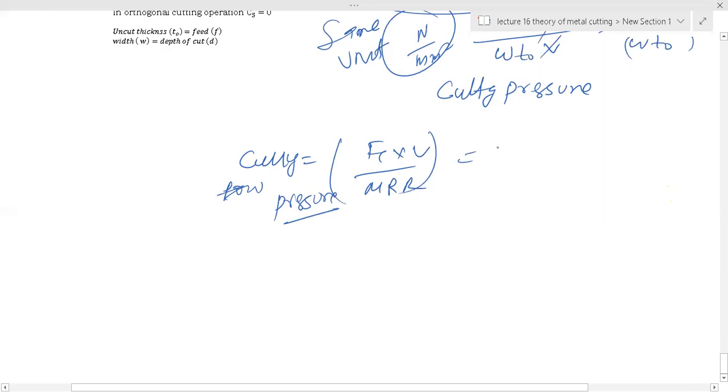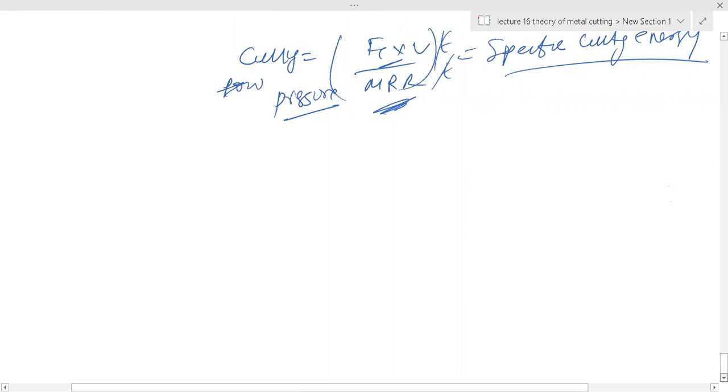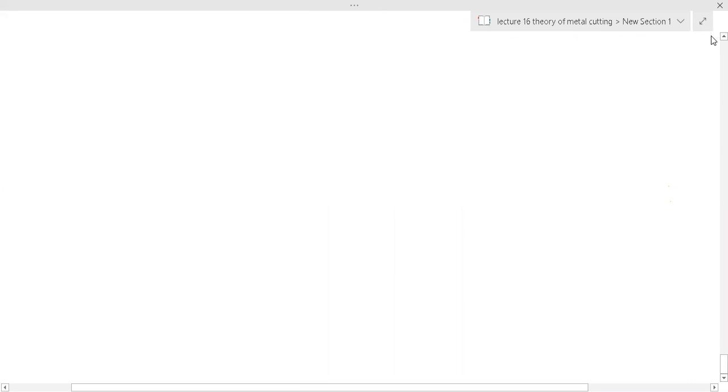Basically, it is specific cutting power, or specific cutting energy. If this is the volume flow rate and this is your power, time will be cancelled, so it is your energy. So be cautious.